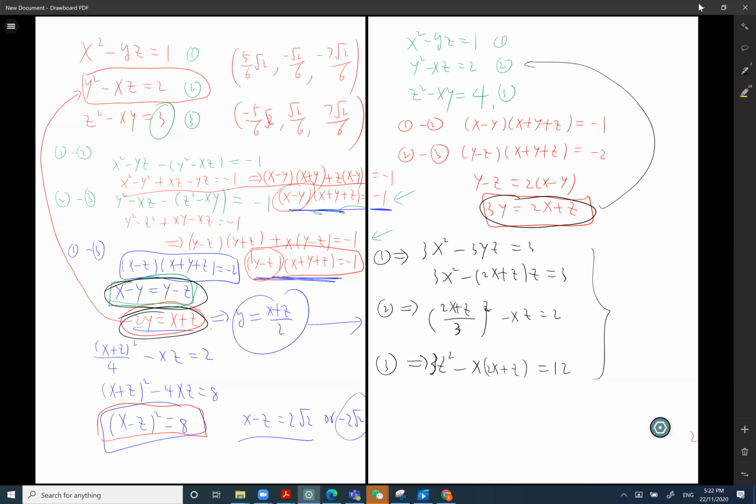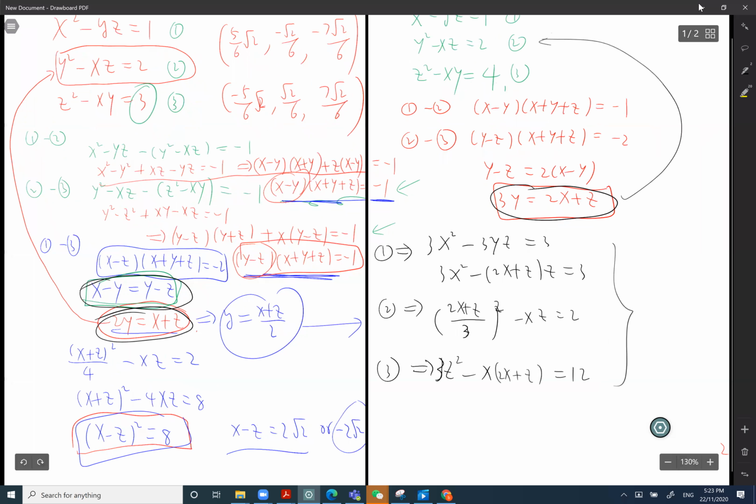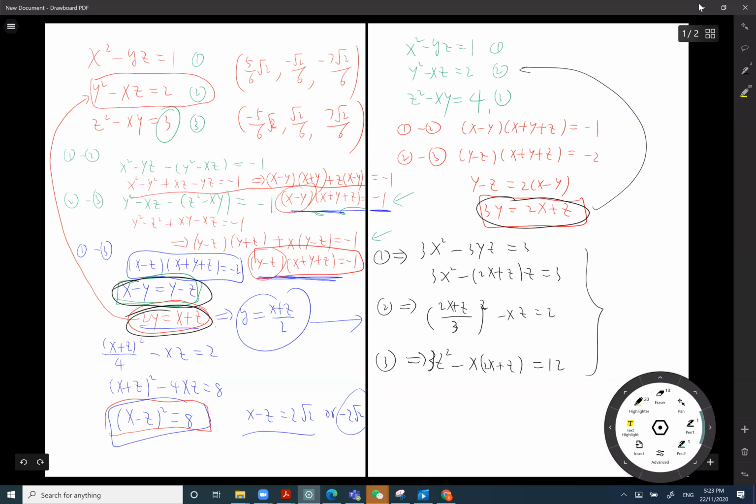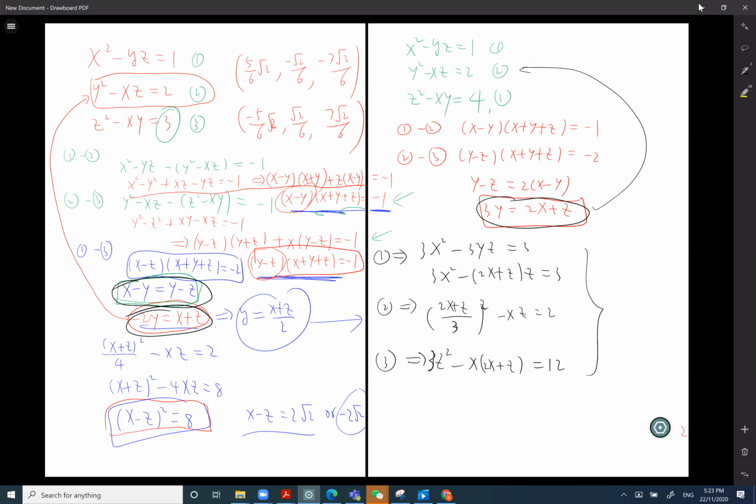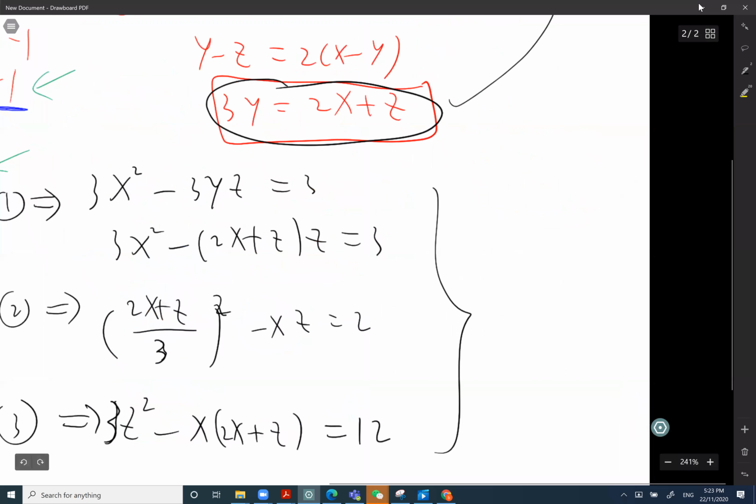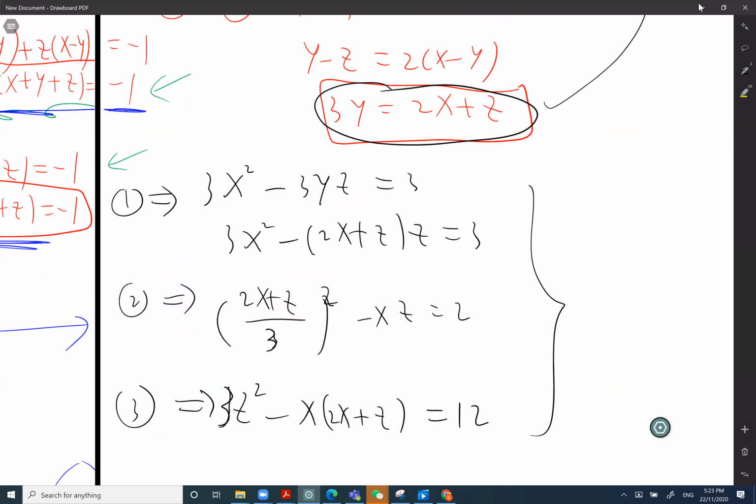Okay, if we can solve those equations now, you just need to expand, have a look. If you expand it. Oh, probably negative, probably positive. They didn't really say it's positive. Okay, the idea is we try to simplify it. You got 3x squared minus 2xz minus z squared equals 3. The second one, we remove the fraction, times by 9.